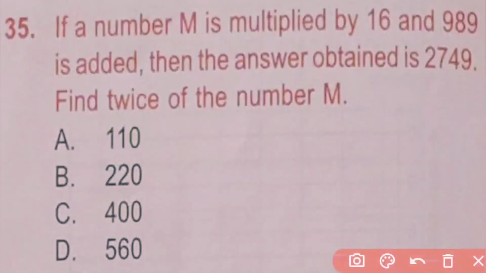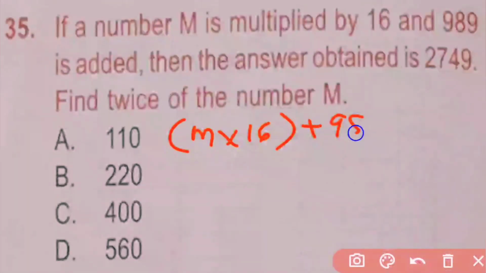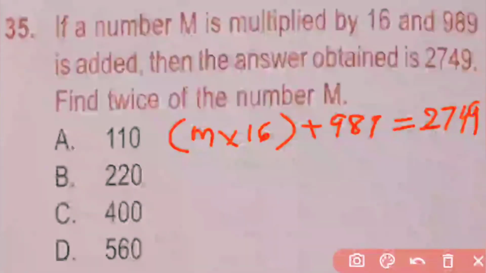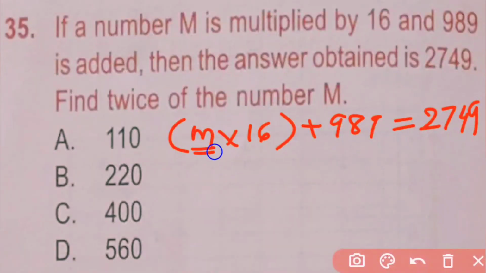Question number 35. If a number m is multiplied by 16 and 989 is added, then the answer obtained is 2749. Find twice of the number m. So here given m is multiplied by 16 and then add 989, which gives the answer 2749. So here we have to find out the value of m.